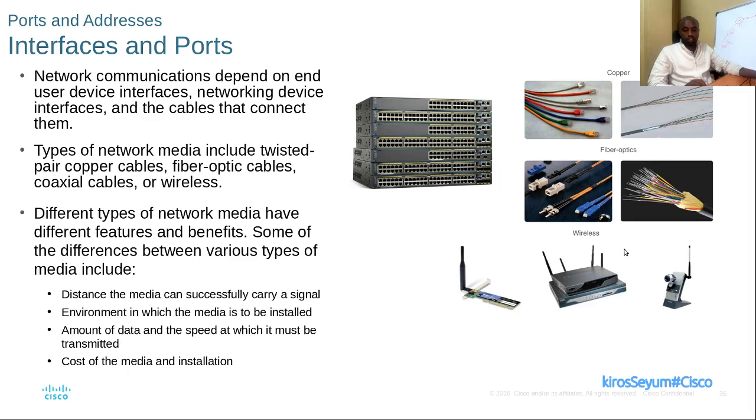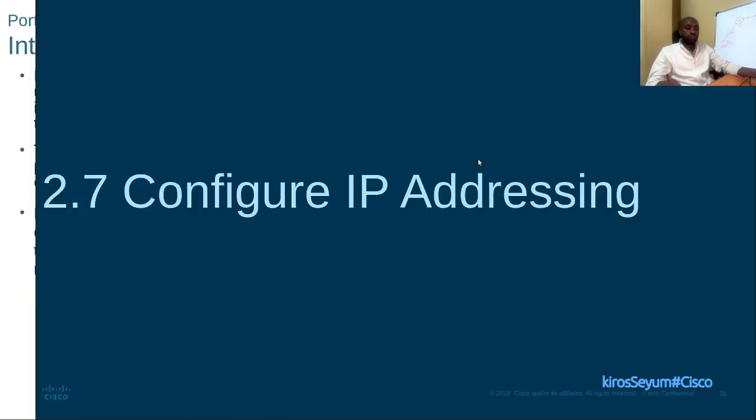These interfaces can be fiber interfaces, so they need SFP modules for changing electrical data to light, and back from light to electrical signal. So if a switch doesn't have an SFP module, you cannot use a fiber connection. But most modern switches have fiber interfaces.